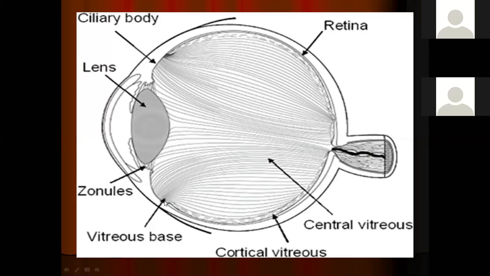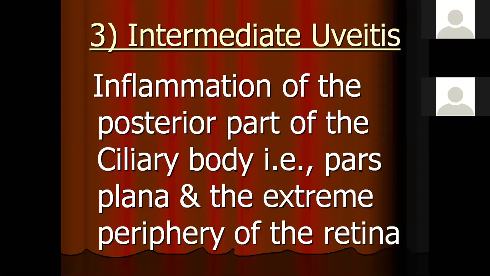Here, vitreous is firmly attached to the retina, and if there is inflammation related to this part, it involves the part of the ciliary body, that is pars plana, and the extreme periphery of the retina.